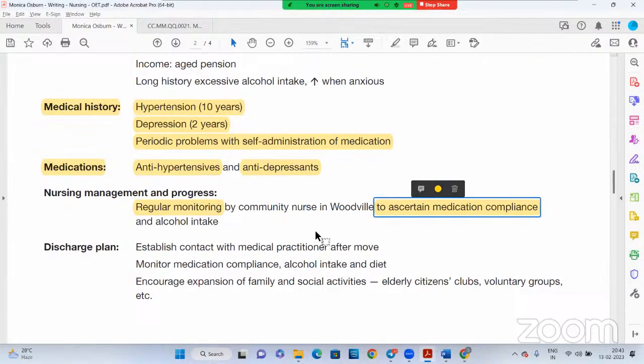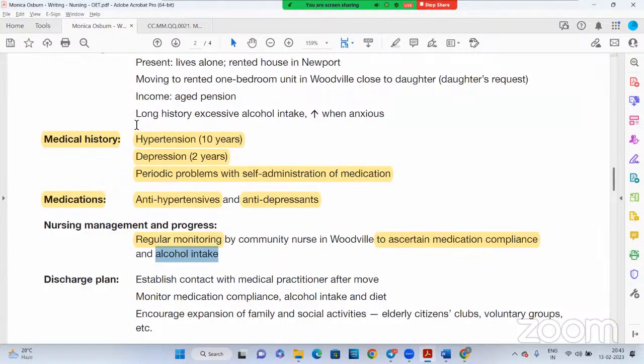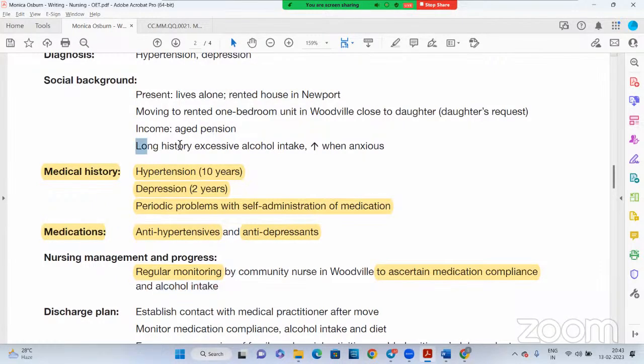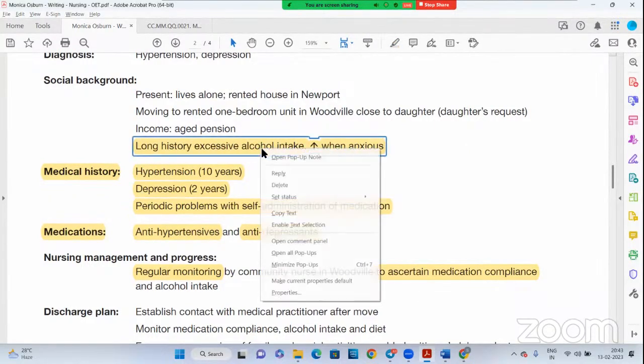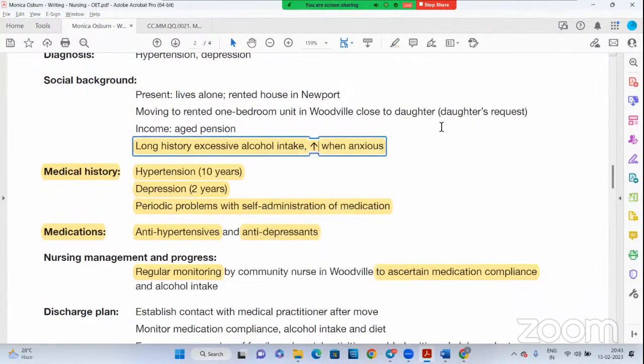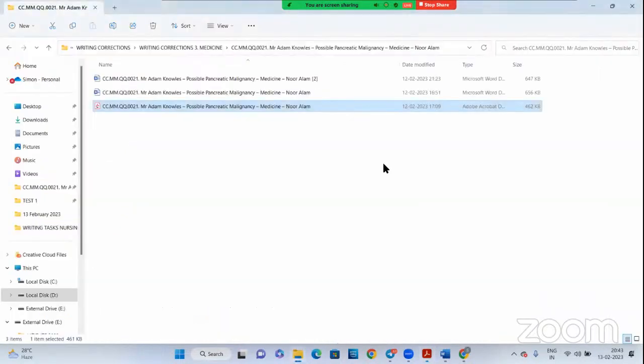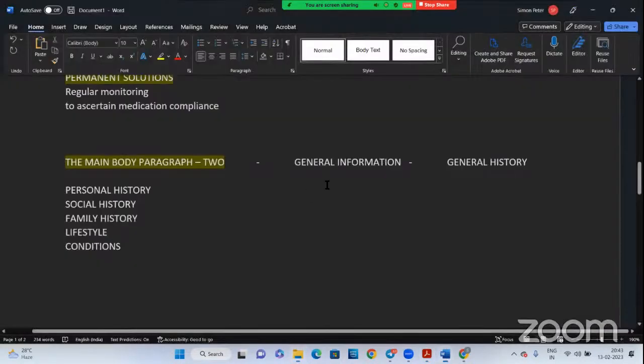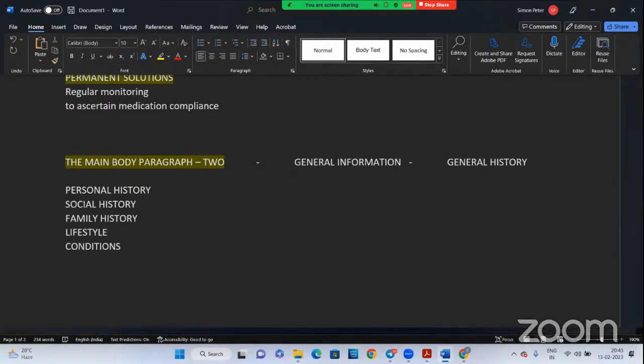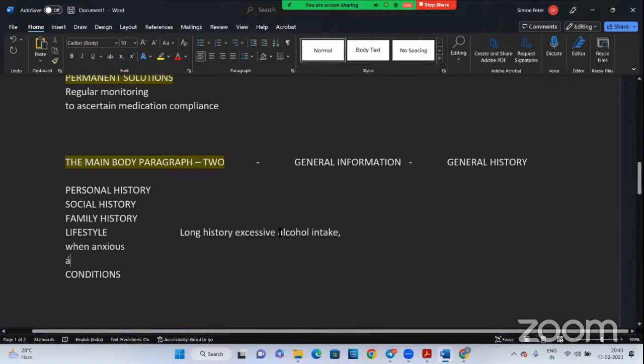Now, other than that, alcohol consumption: a long history of excessive intake. This is lifestyle. It is going into lifestyle here.